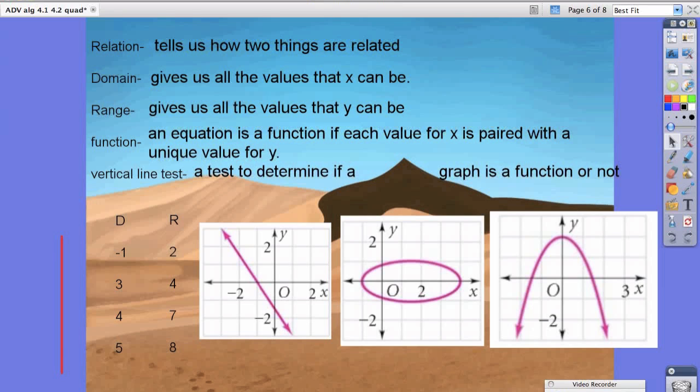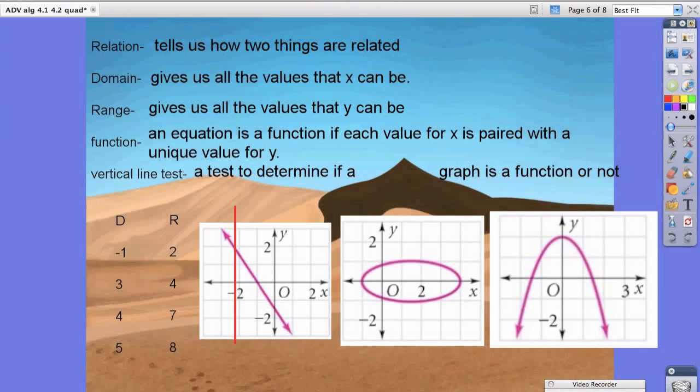So the question I want you to think about as we use this vertical line in red is how many times this vertical line is touching the graph simultaneously. As we move it along, notice it's touching the graph right now, but only once.